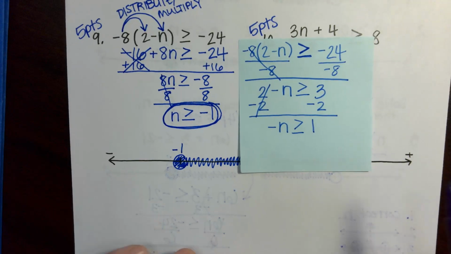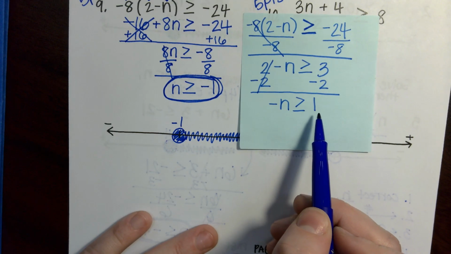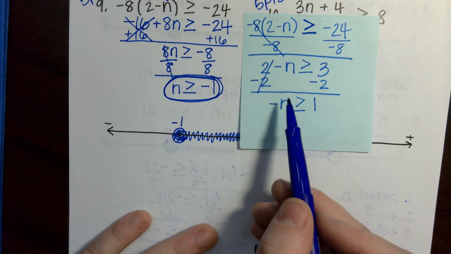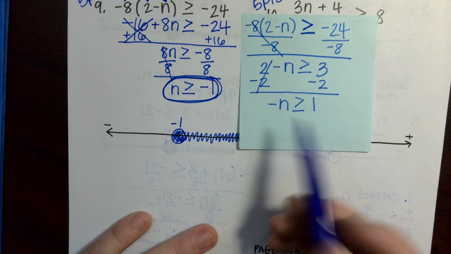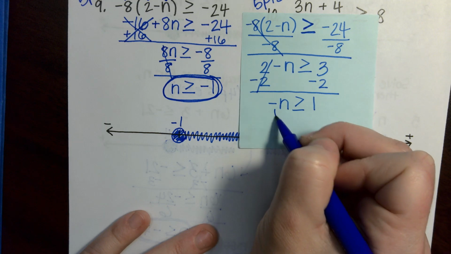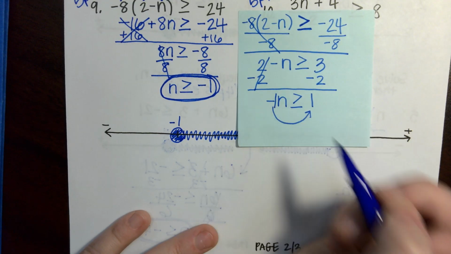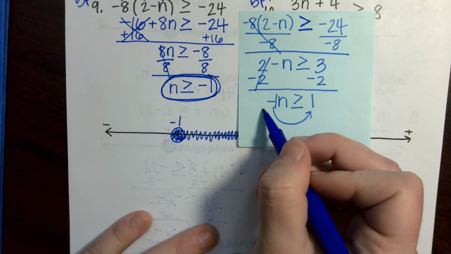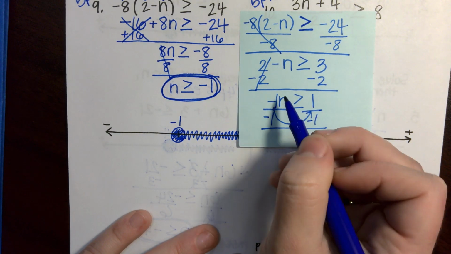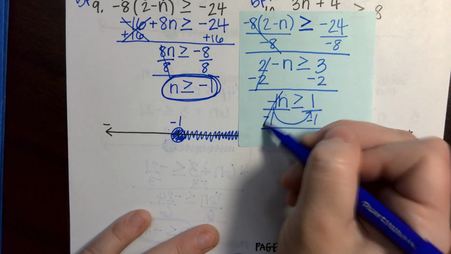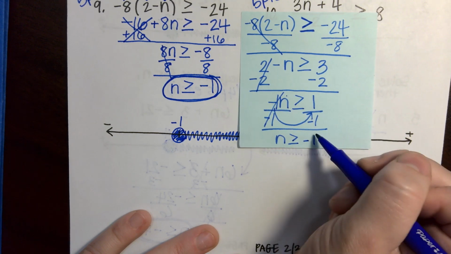Okay, so you got positive 1, but you do have a negative n here. So the negative has to switch sides over to here. What we're really doing is we know that that's negative 1n. So we would divide by negative 1 on both sides, and that would become n is greater than or equal to negative 1. There we go.